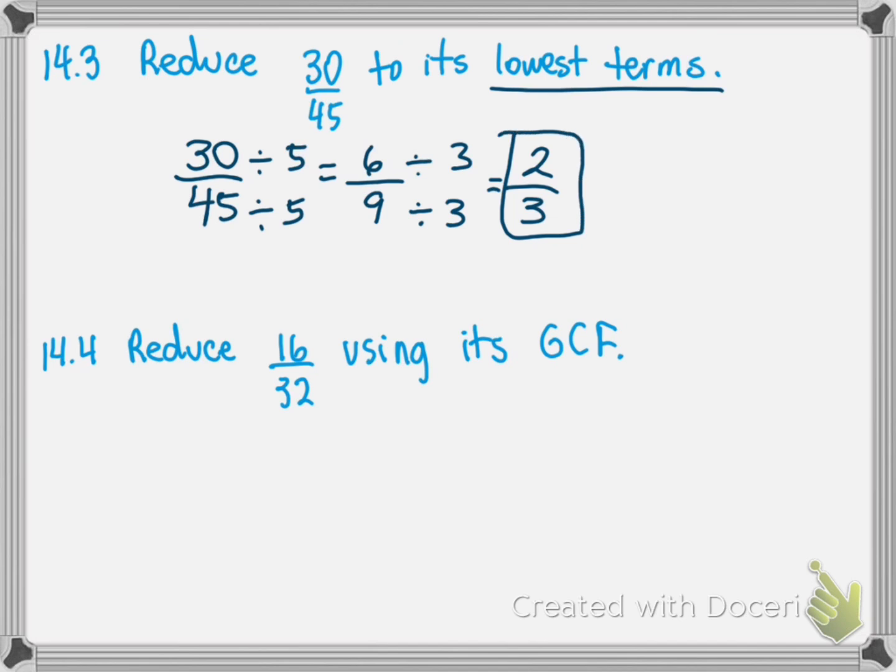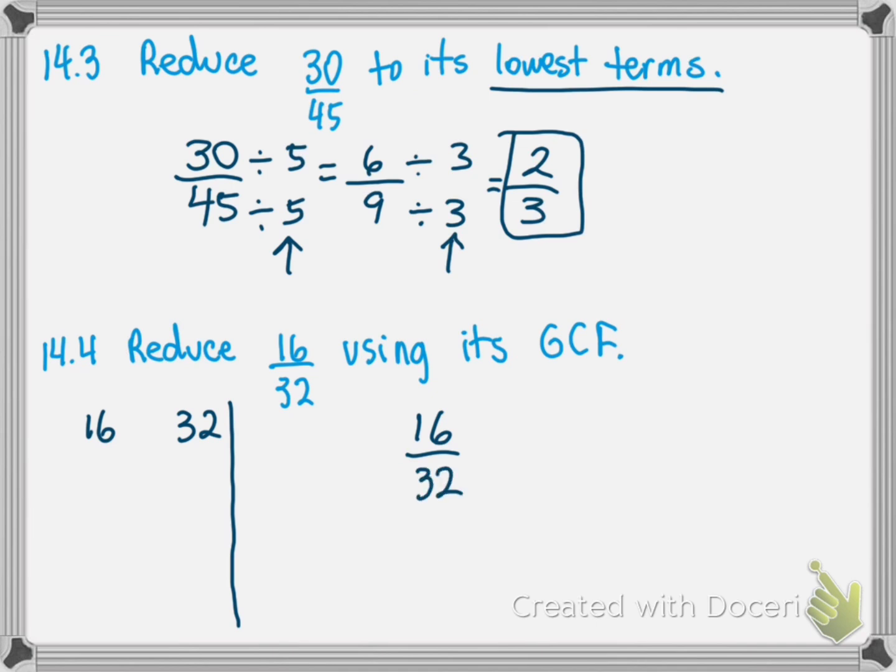Okay? Now, in 14.4, they're saying to reduce this fraction using the GCF, the greatest common factor. So, instead of going in 2 steps like we did in this exercise, we're going to do it in 1 step. Now, we clearly need to find first what is the GCF so that then we can use that number to simplify or to reduce.